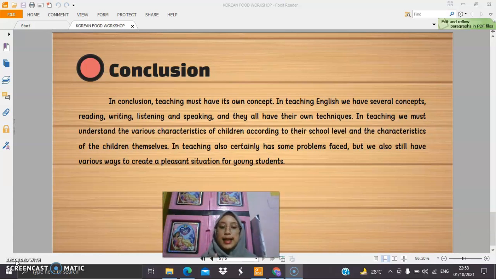In teaching, we must understand the various characteristics of children according to their school level and the characteristics of the children themselves. Teaching also certainly has some problems faced by the teacher, but we also still have various ways to create a pleasant situation for young learners.